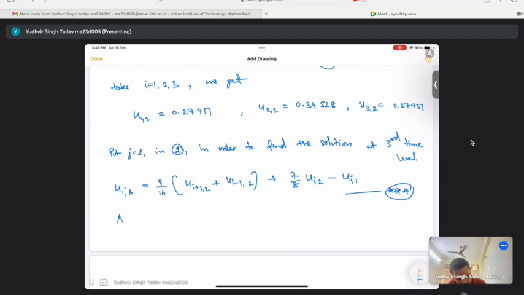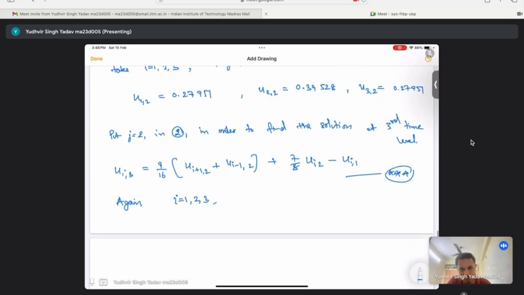Then again, you have to take i equals to 1, 2, 3 as earlier, and you will reach a solution at the third time level.